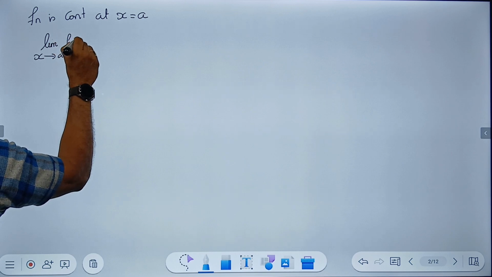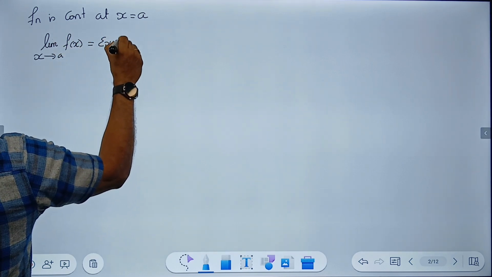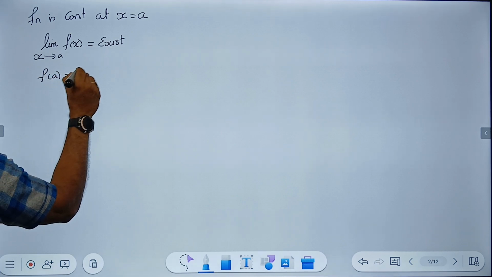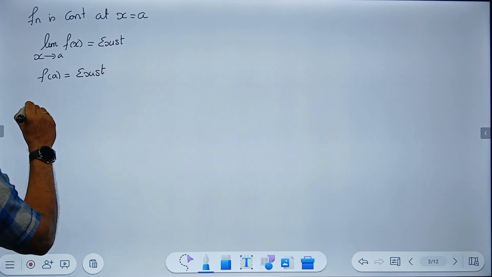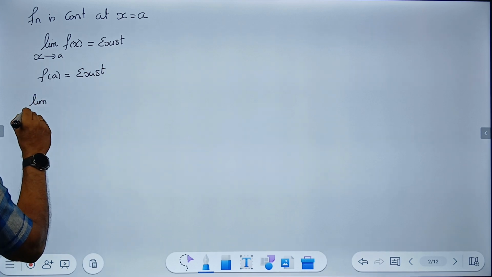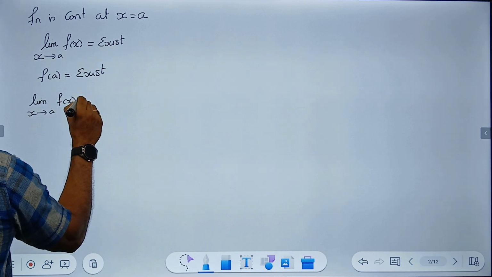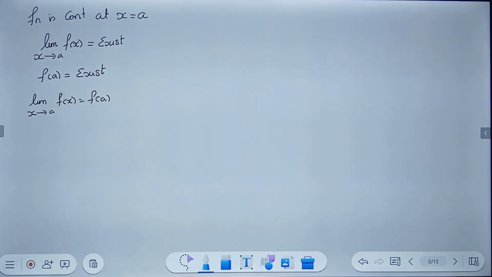The second condition is that f of a must exist. And the third condition is that the limit and f of a must be one and the same. The limit should be equal to f of a. If these three conditions are satisfied, you can say the function is continuous.